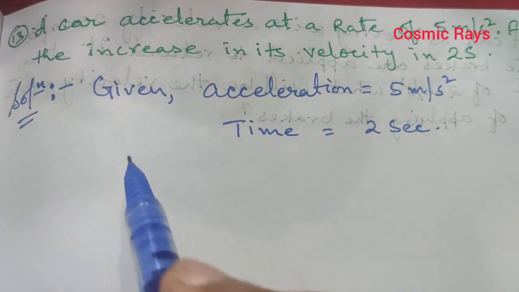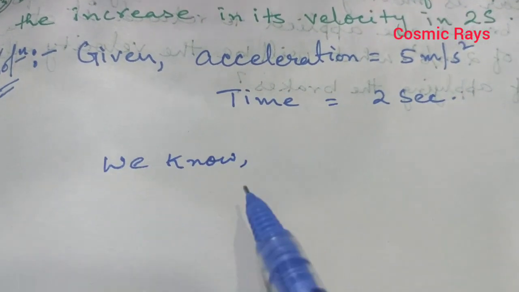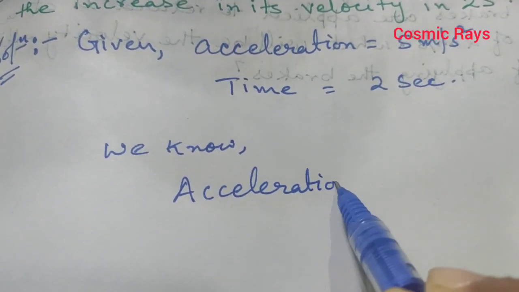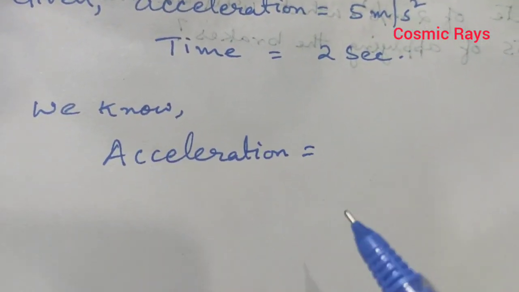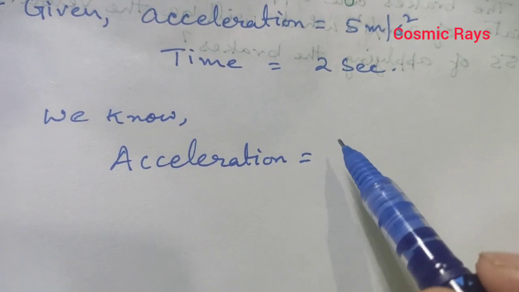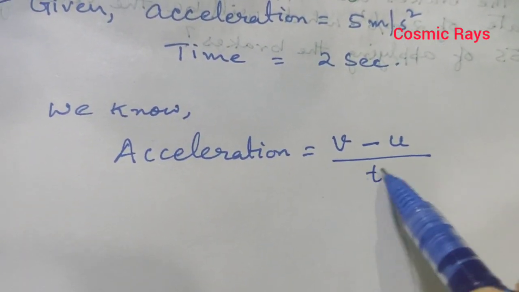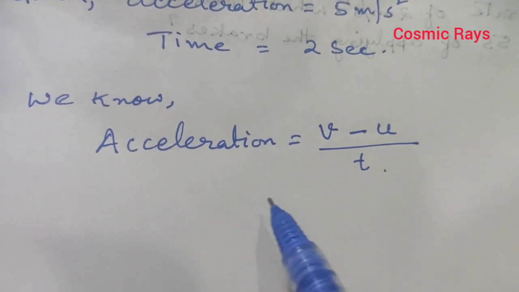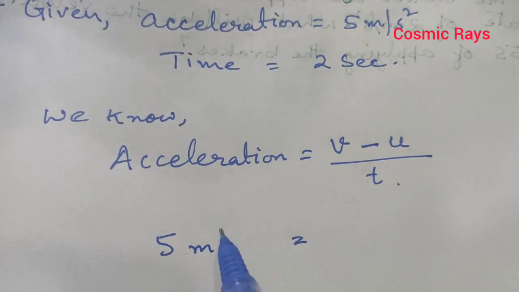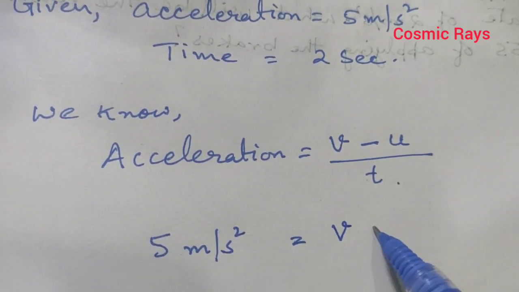So we know that acceleration is nothing but change in velocity upon time taken, and change in velocity is nothing but final velocity minus initial velocity upon time taken. So acceleration is given to us as 5 meter per second square, and we have to find the final velocity v.